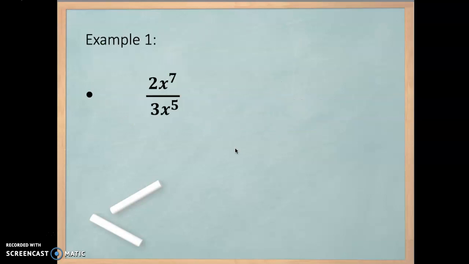We're going to do a few examples, and I want you to go ahead and write this down. We're going to do this one together. It should be in your notebook. Here, you will look at your numbers. Usually, if they're different, you can always multiply or divide. In this case, 2/3 cannot be simplified anymore, so 2/3 comes out.